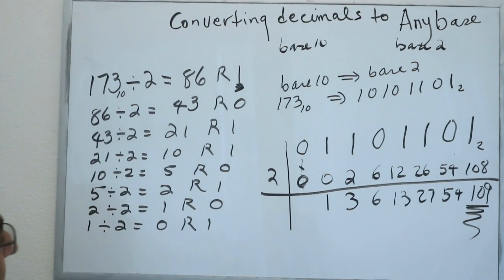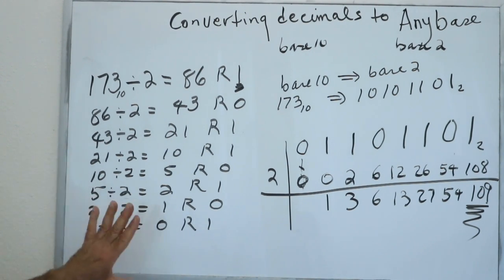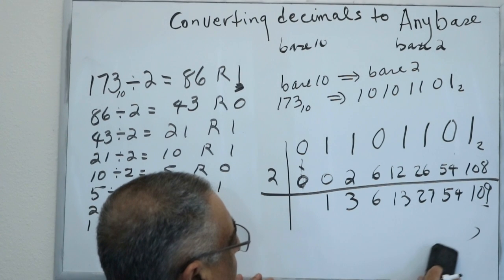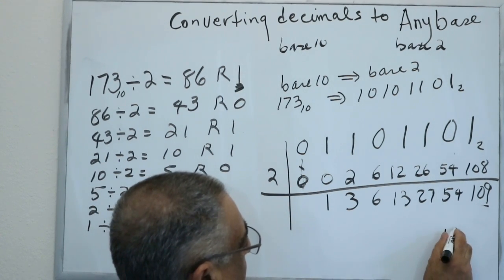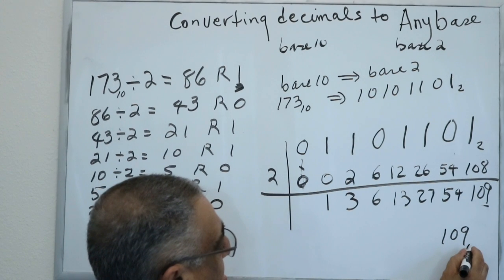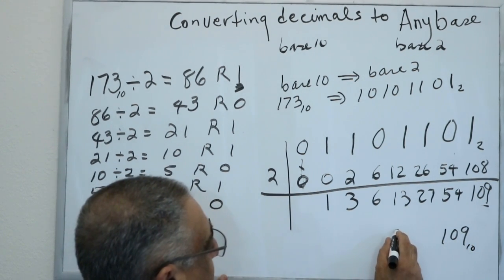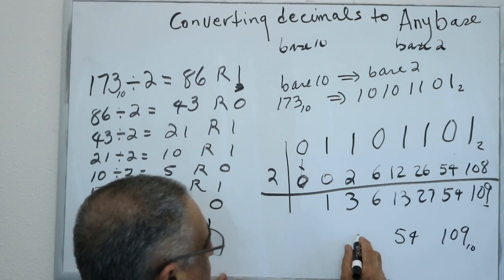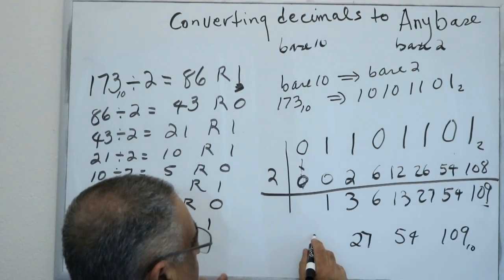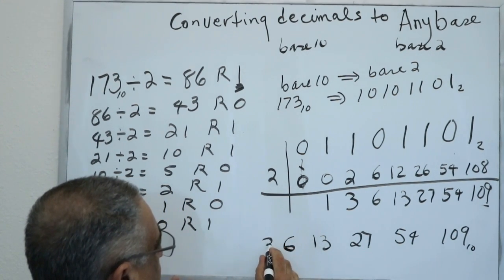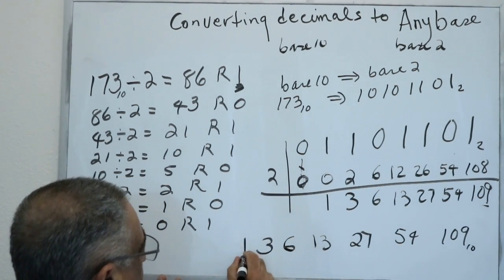That's the same process, so we can go either way. Again, just a shortcut here. If I do 109 in decimal to convert to binary, remember, this is 54. 54 by 2 is 27, by 2 is 13, by 2 is 6, by 2 is 3, and then 1.